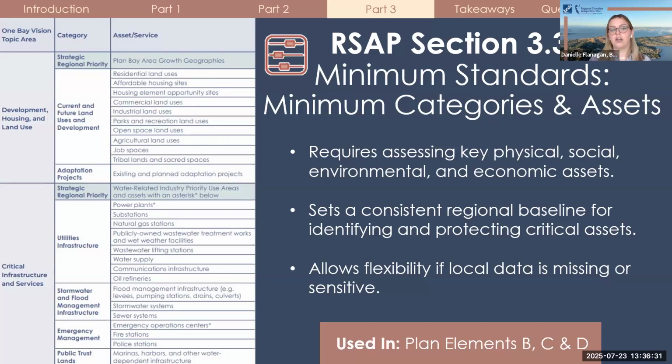This allows you to adjust your approach while still meeting the requirements. This standard also applies across several plan elements, including existing conditions, the vulnerability assessment, and adaptation strategies. While every plan must meet these minimum standards, local governments are encouraged to go beyond them. And we've included recommended approaches and example assets in the appendix to support that.